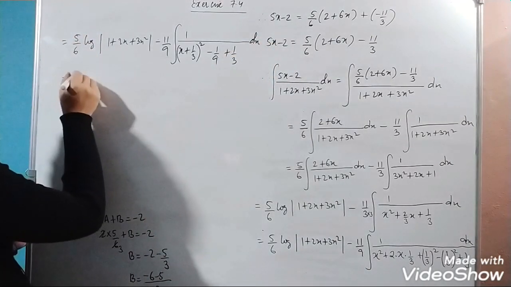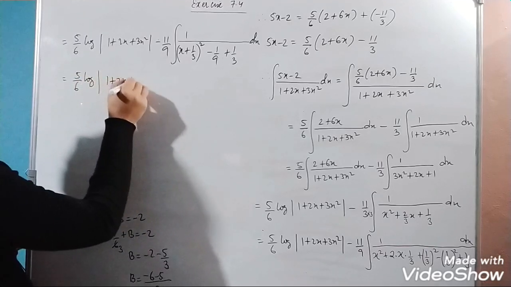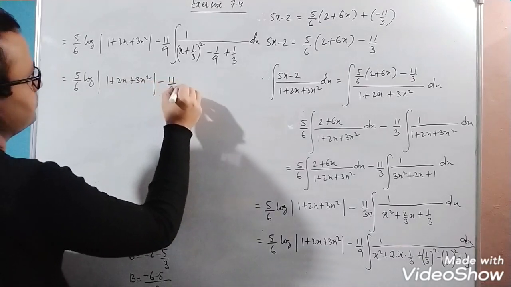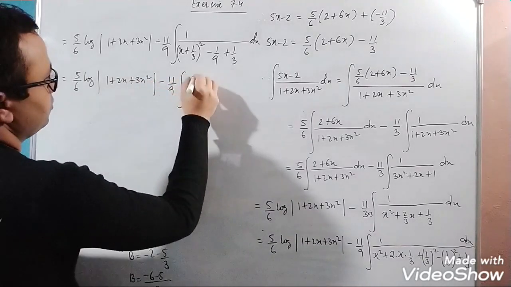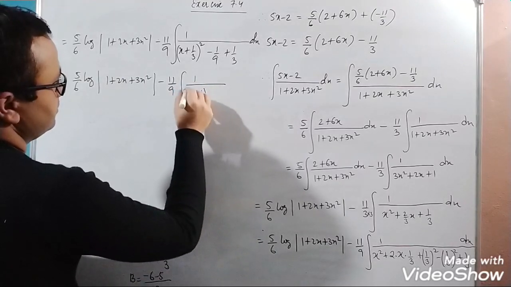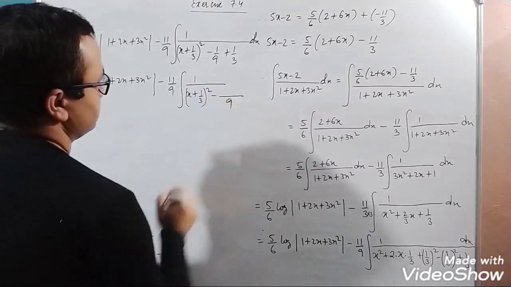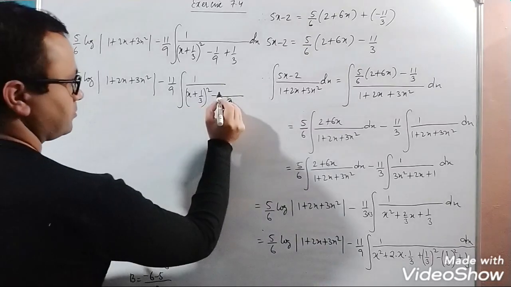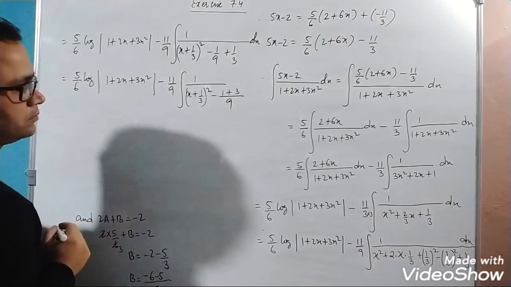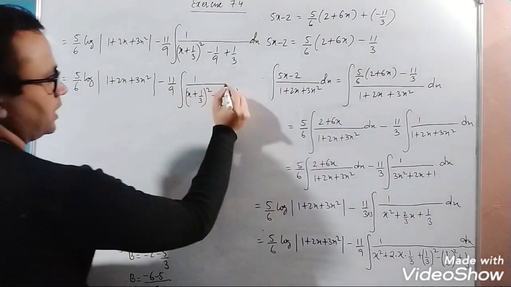So this equals 5 by 6 log 1 plus 2x plus 3x square minus 11 by 9 integration of 1 by x plus 1 by 3 whole square minus, now take LCM, it is 9, 1 plus 3, dx.